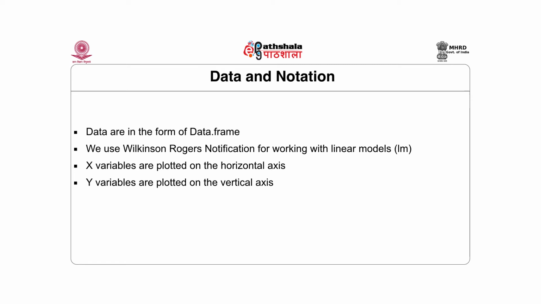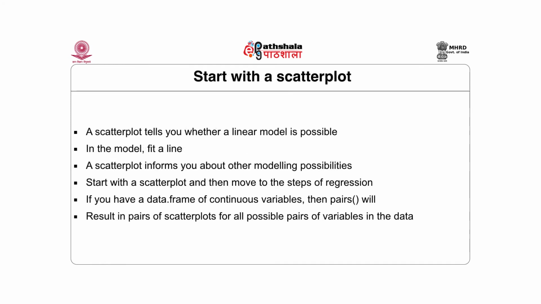As simple as that. So the first thing that we should do is start with a scatter plot. A scatter plot is a plot in which points are plotted for each value of the x variable for the corresponding value of the y variable. Remember that in this particular situation, we are working with continuous variables for both outcome as well as explanatory variables.